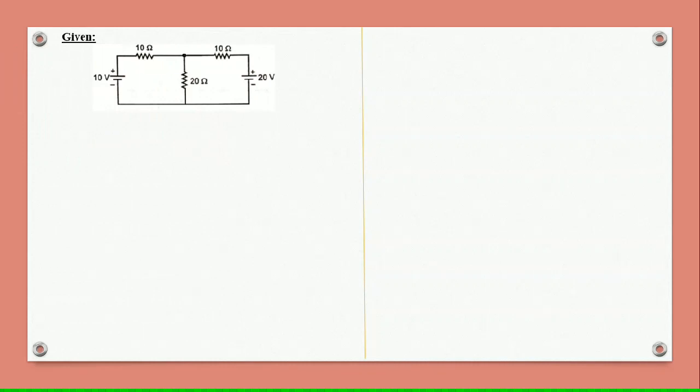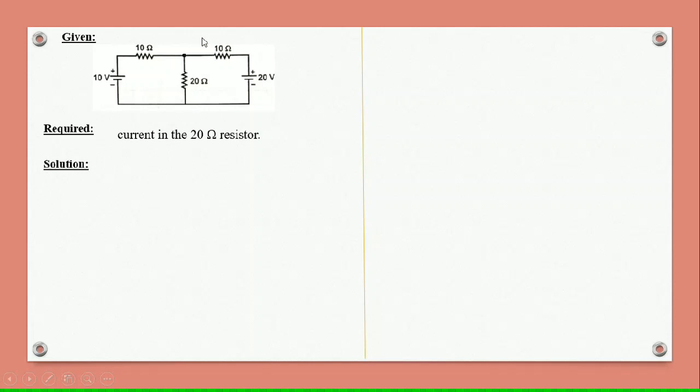Now draw the given circuit diagram, then the required data, that is current in the 20 ohm resistor. Now look at the circuit diagram once again. In the given circuit diagram, we have to identify is there any super node. Super node means the node at which voltage source is connected directly.